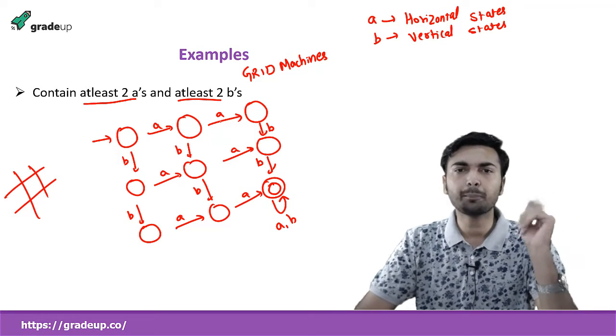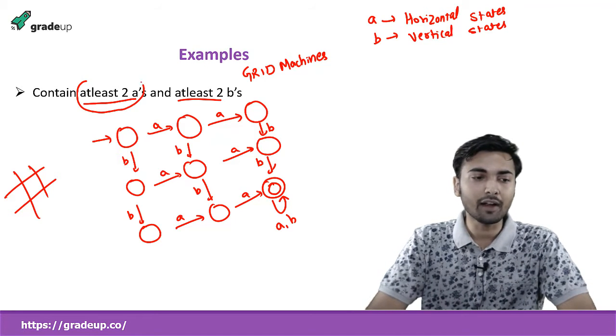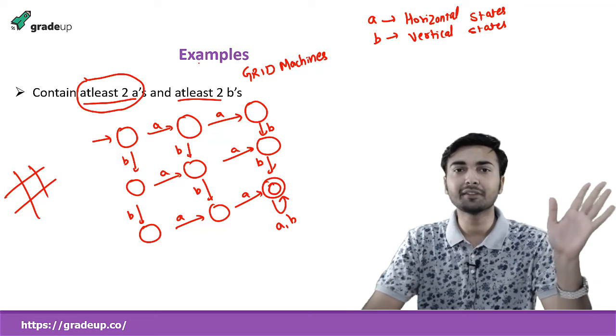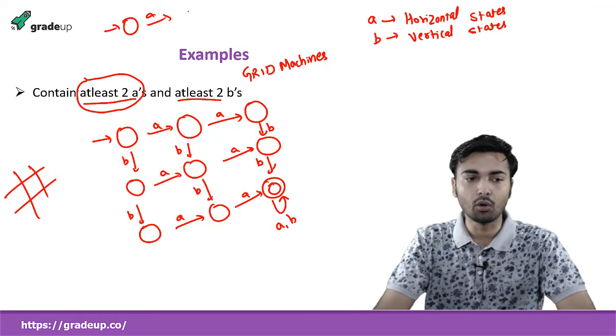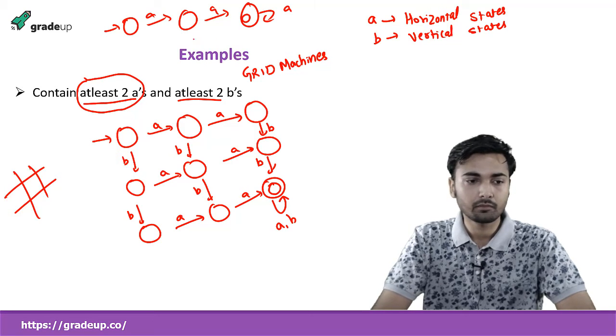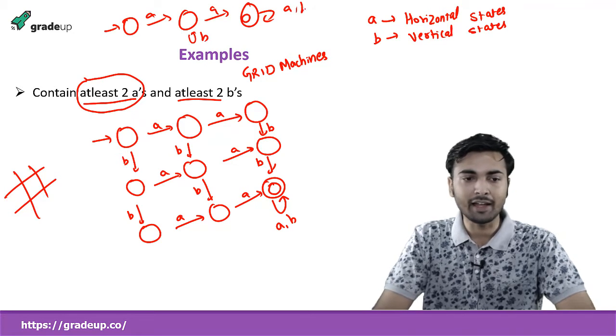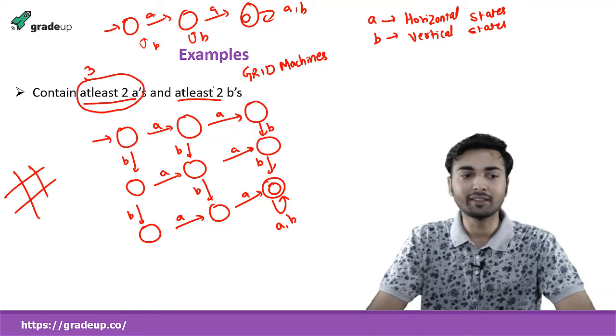So why is it called product automata? See, how many states are required for at least 2 A's? If you draw the DFA separately for at least 2 A's, it will look like this. I have already explained in my previous video. It requires 3 states.